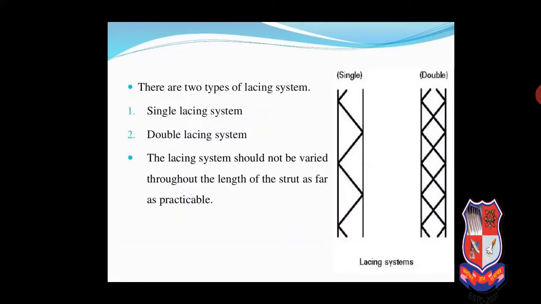Next, there are two types of lacing system. The first one is the single lacing system, the second one is the double lacing system. You can see in the figure, the first one is a single lacing system, meaning you provide a single way of lacing, and the second one is a double lacing system. The lacing system should not be varied throughout the length of the strut as far as practicable.